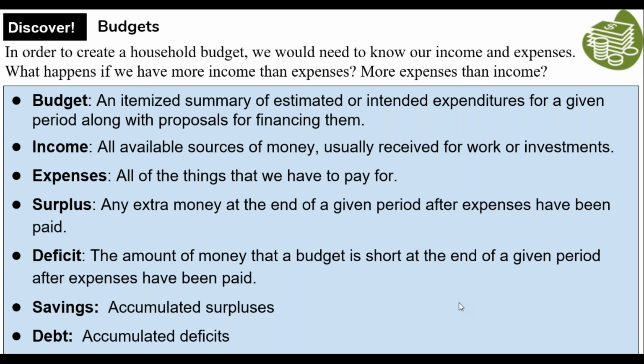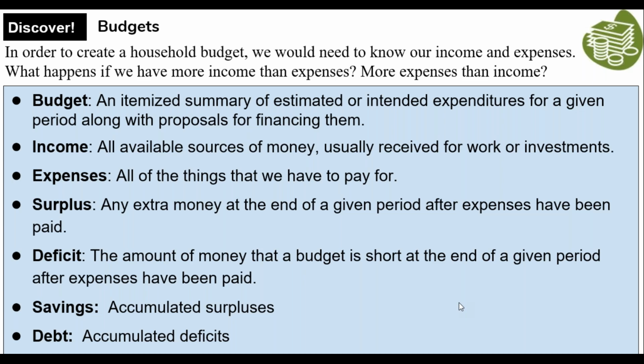Now, when we say we have a surplus, that means at the end of the period, and usually when we're working up a budget, like a household budget, we usually do it per month. And so say at the end of the month, I've got money left over from what I expected to have spent, that's a surplus. But if I'm short some money and I owe money somewhere, or I have still a balance on my credit cards, that would be a deficit.